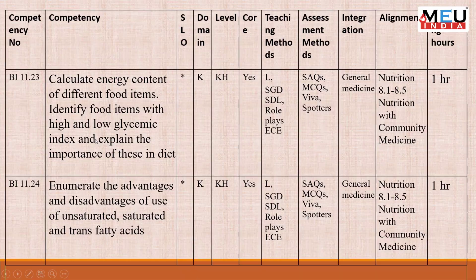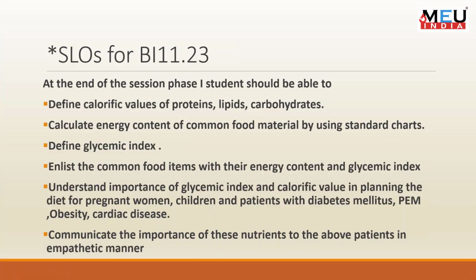SLOs for 11.23. At the end of the session, the phase 1 student should be able to define calorific values of proteins, lipids, and carbohydrates. Then calculate energy content of common food material by using standard charts. The charts are available, so they can use them and convert grams to the finally 100 grams. Then define glycemic index.